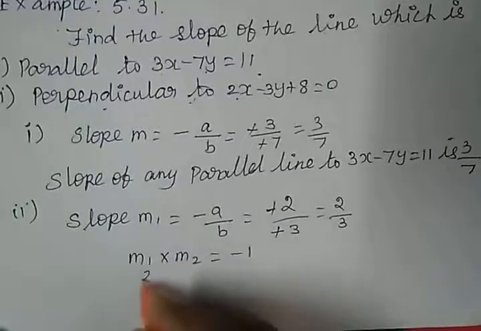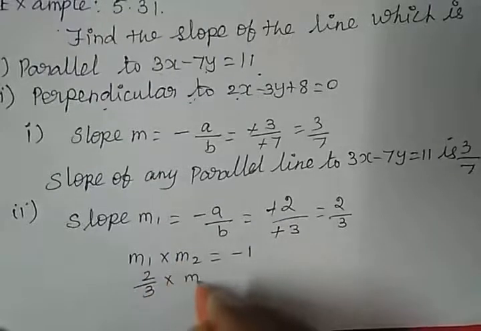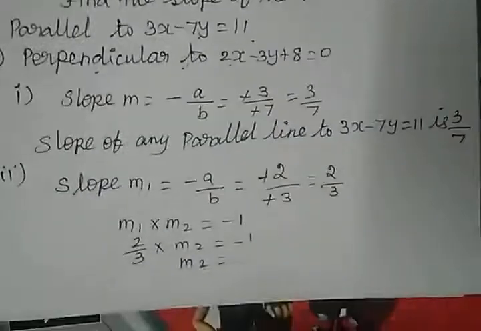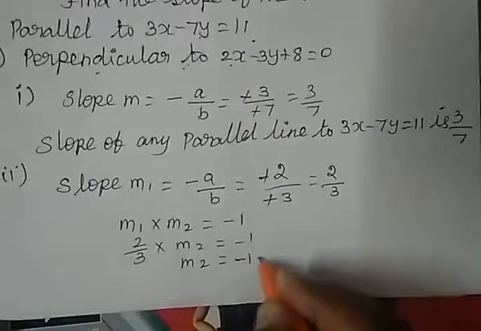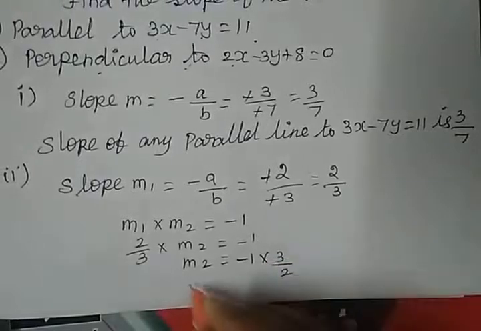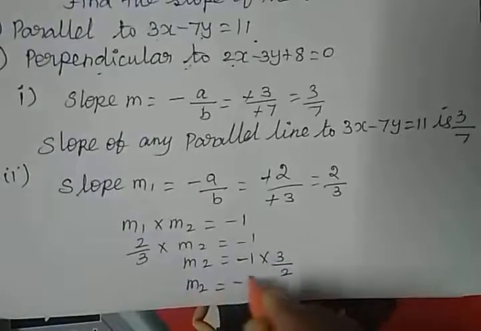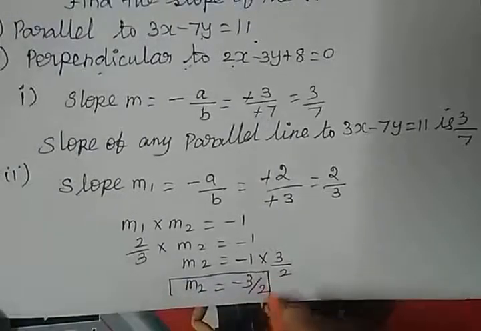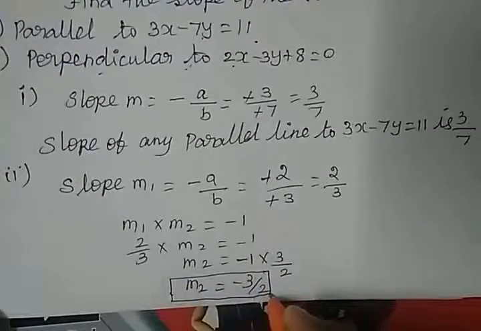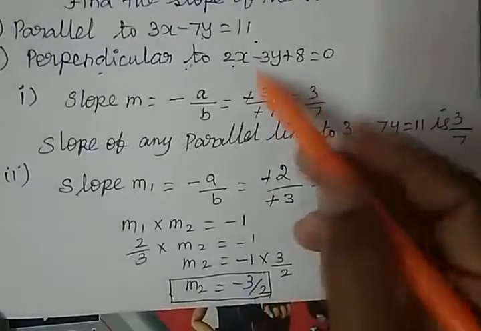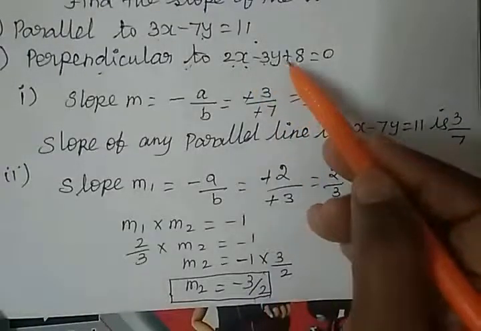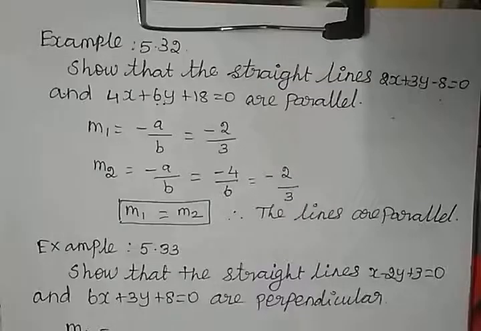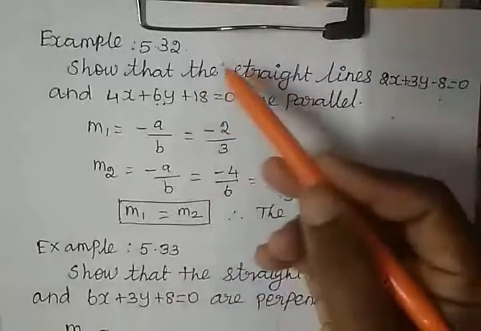Here m1 is 2 by 3, so m2 is equal to minus 1 divided by 2 by 3. Bring the 2 by 3 to the opposite side, so that is 3 by 2. So m2 is equal to minus 3 by 2. So the slope of any line perpendicular to the line 2x - 3y + 8 = 0 is minus 3 by 2.